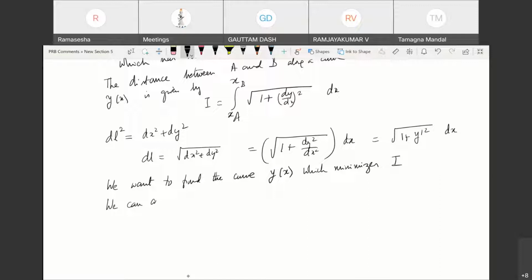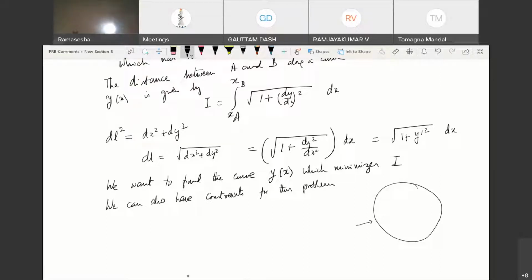For example, let me take a sphere, or some surface which is not a plane. So I want to find the curve between A and B lying on the surface and having the shortest distance.